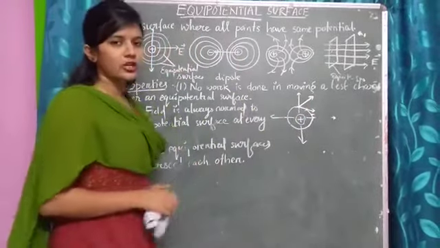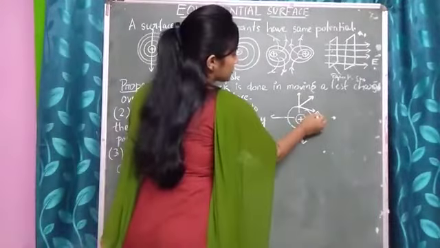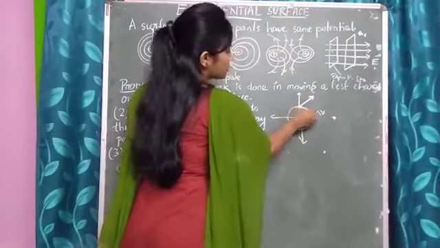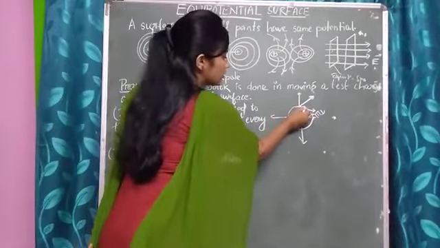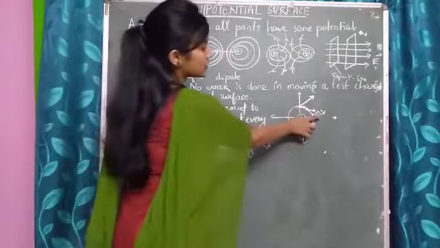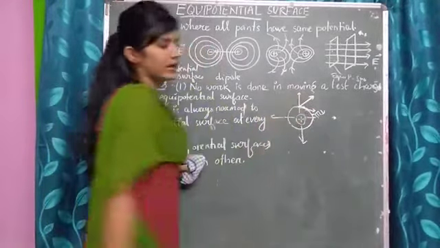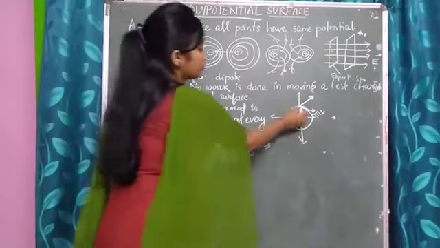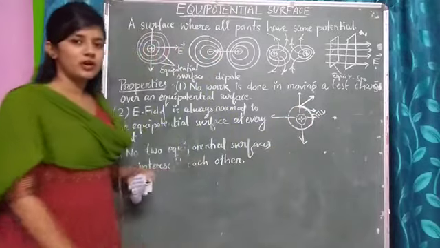If a tangential component is there, that means the electric field is present along the surface. If we keep a test charge here, then due to the tangential component of the electric field, the test charge will experience a force and move along the equipotential surface.